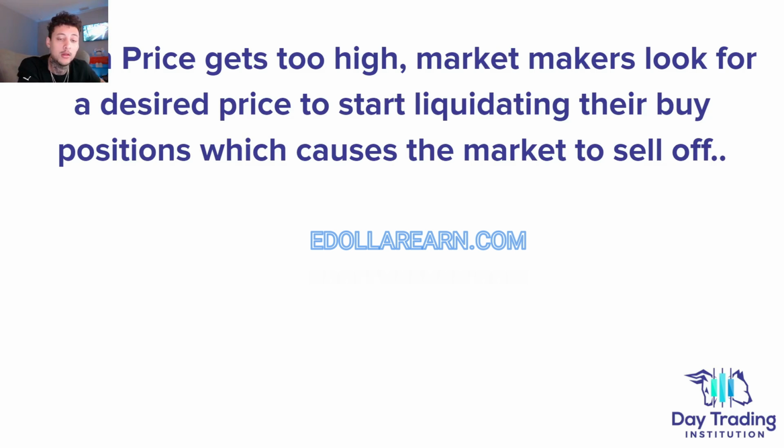So let's say gold hit 2,000. There are going to be sellers looking to take sell positions at that price, along with buyers looking to close their buy orders, giving the sellers those contracts. That's going to cause a sell-off in the market.